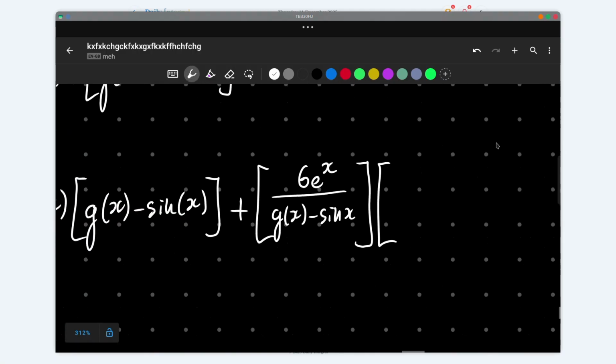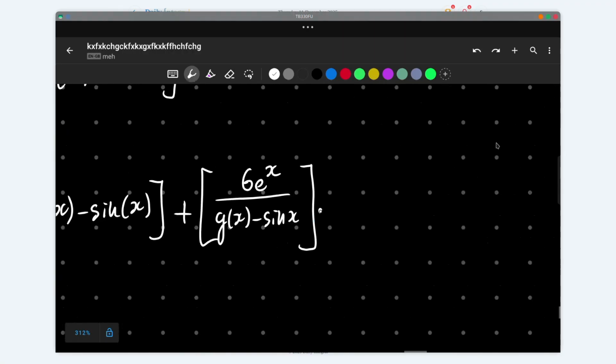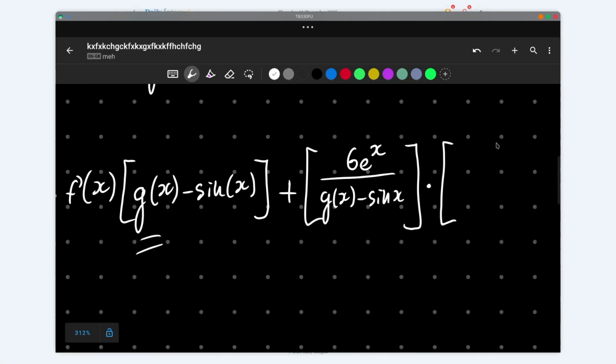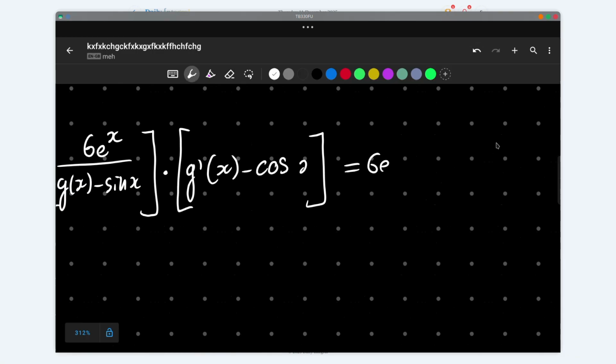And that's going to be multiplied with the differentiation of this, which is just g prime of x minus cos of x. There's no bracket needed, which is just equal to 6e to the x.